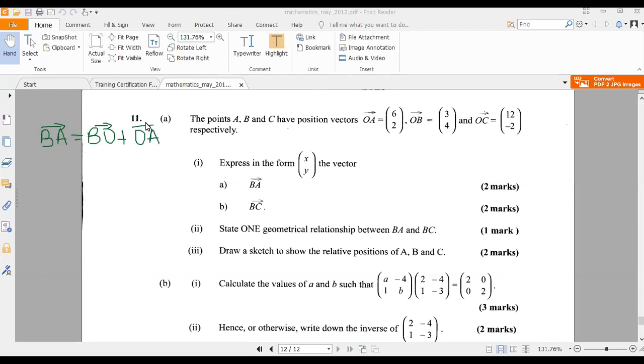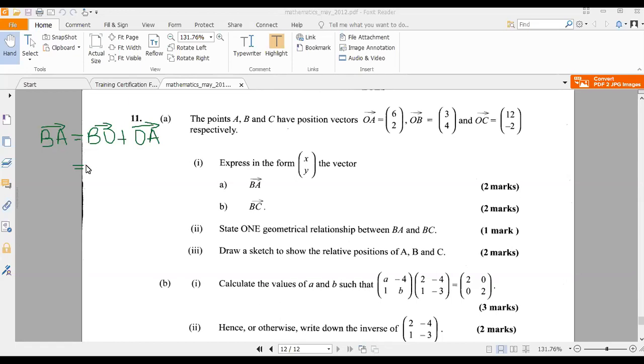Now, what will I do next? So BA is BO plus what? OA. Yes. After that, what will I do next? It's going to write on the coordinate. If it's going the opposite direction, it will be negative, right?